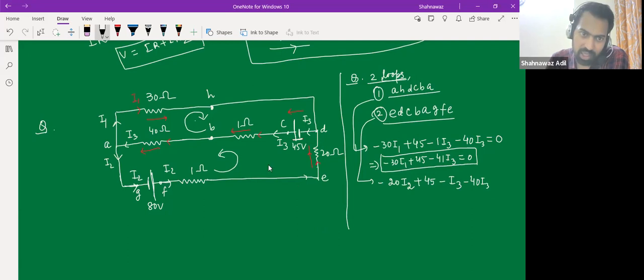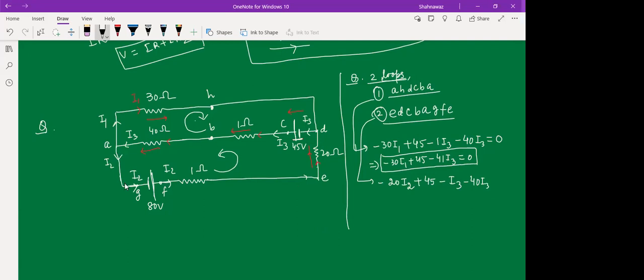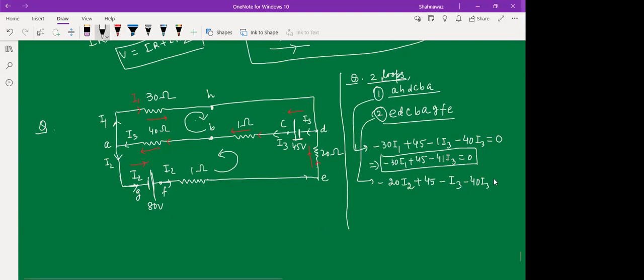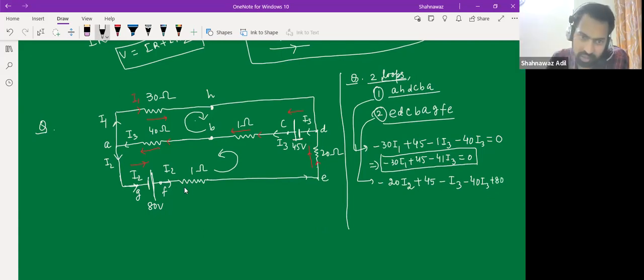And now we are coming to this part. So what would be here? Plus 80.